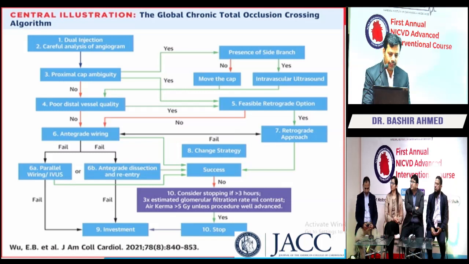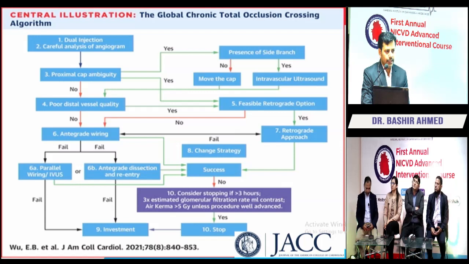On that basis you decide on the presence of side branches, and also the CTO lesion length, whether it is less than 2 centimeters or more. On that basis you decide whether to approach antegrade or retrograde.